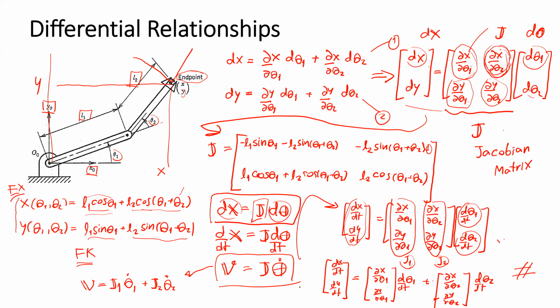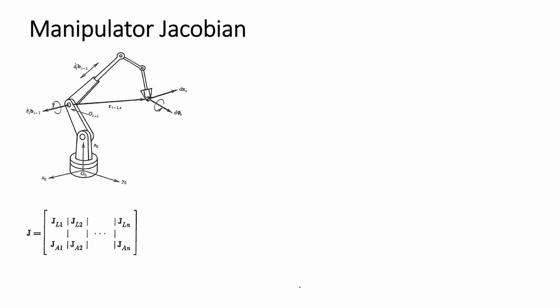So if we write down the position, dp, p is a vector, but we not only consider the position at the endpoint, but we also consider the rotation at the endpoint. This is a 6x1 vector, 6x1 vector.